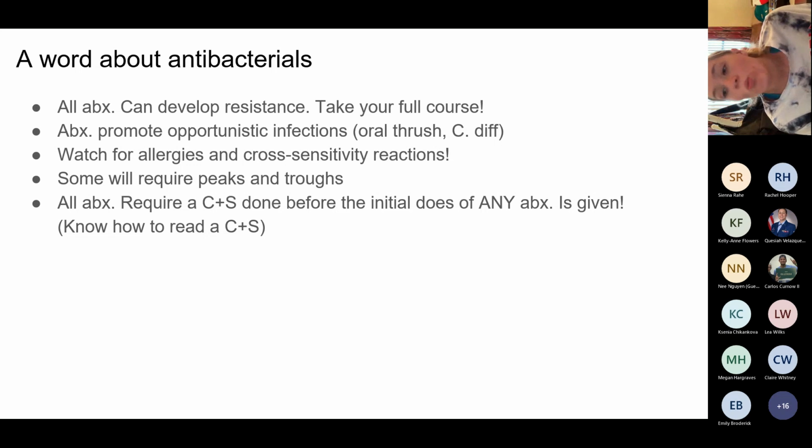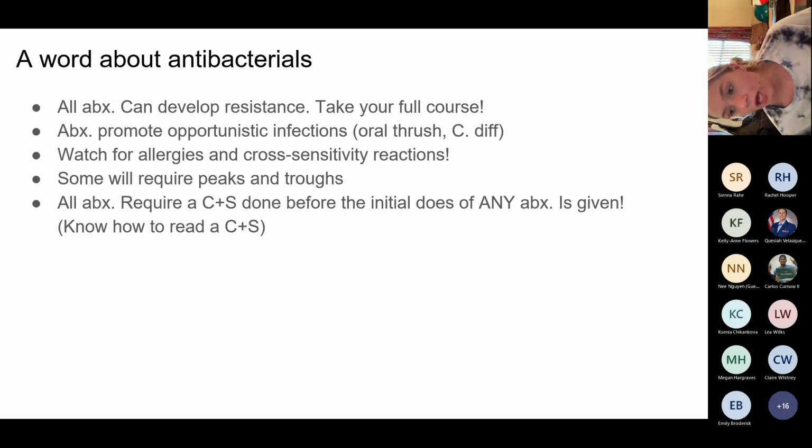Even if I have no idea what in the world your infection is, if I look at your white blood cell count and it's really, really high, I know you got some sort of infection going on. I'm going to get a culture and sensitivity, going to do a pan culture, and then we'll start you on some antibiotics. Even if we don't know what the exact infection is, we can put you on a broad spectrum antibiotic and then we can narrow it down, okay?